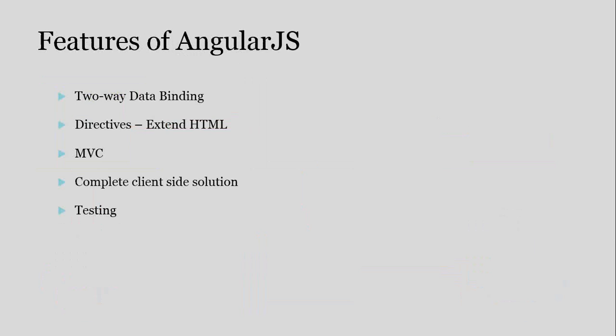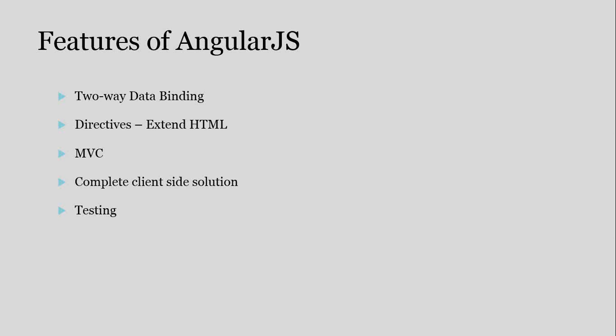Features of AngularJS: it has two-way data binding, which we will cover during the course. Data binding here means if you change something in one place and you have a replica of that in another place, both places will get changed automatically. You need not trigger or create click events.